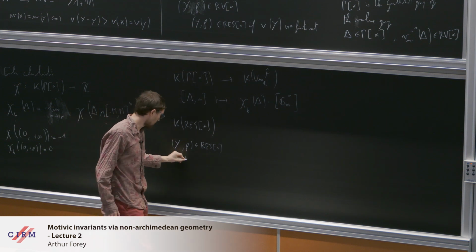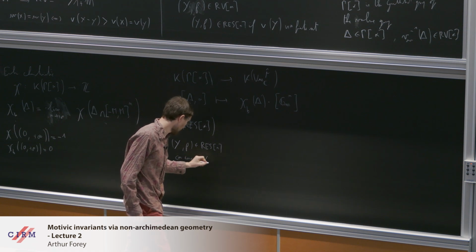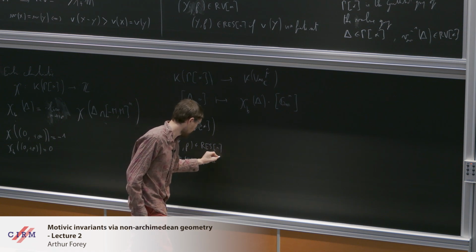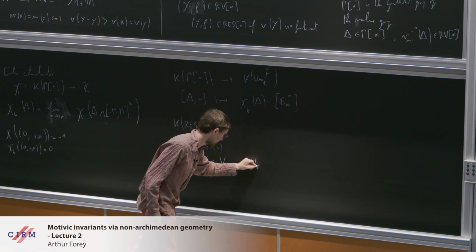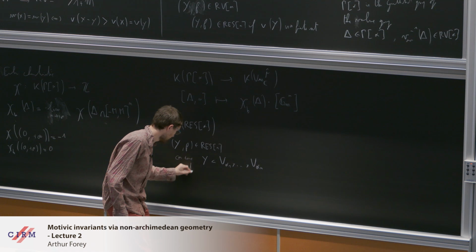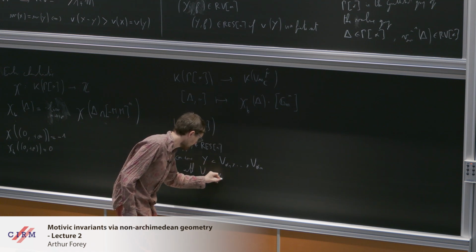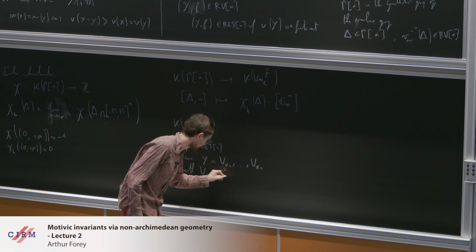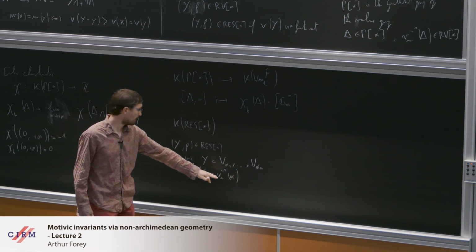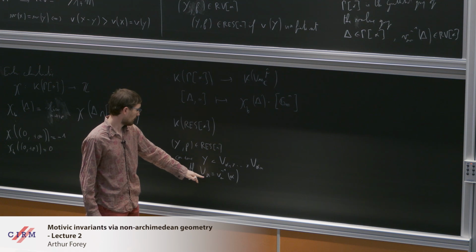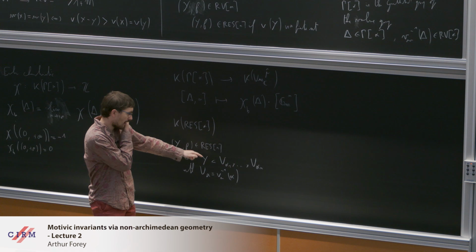You can assume that Y is actually included in V_alpha1 times ... times V_alphan, with V_alpha just rv inverse of alpha. By this, I just mean that the valuations of points in Y are fixed.